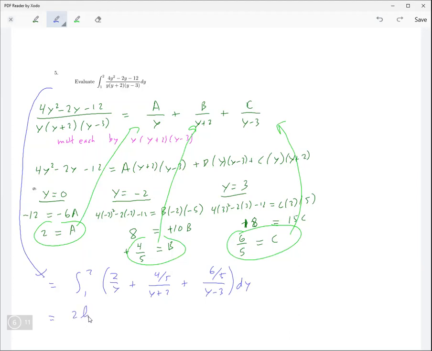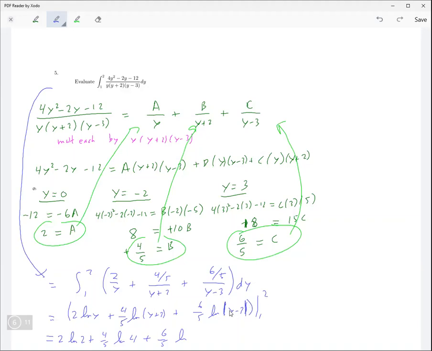This is 2 log y plus 4/5 log of y plus 2 plus 6/5 log of y minus 3. Okay, and that's evaluated from 1 to 2. So put a 2 in first. So 2 log 2 plus 4/5 log, you're putting a 2 in here, you get 4, plus 6/5 log of, okay, absolute values.